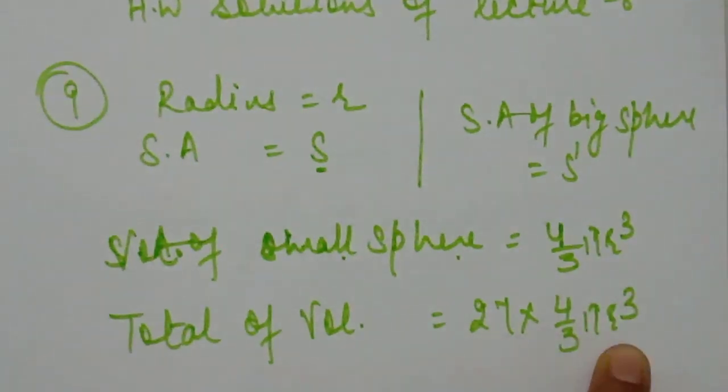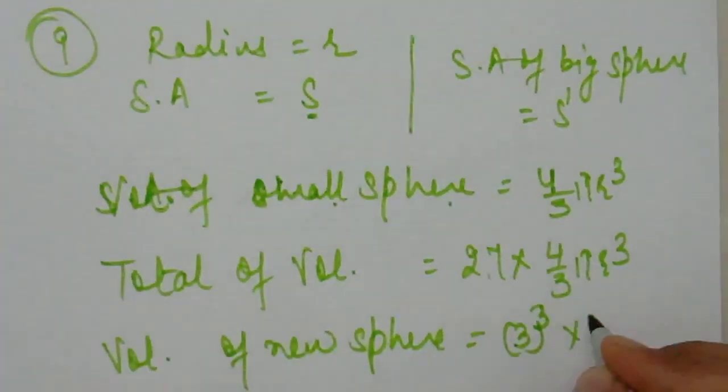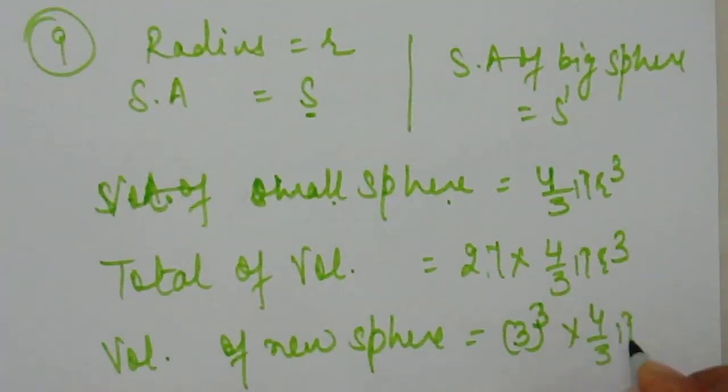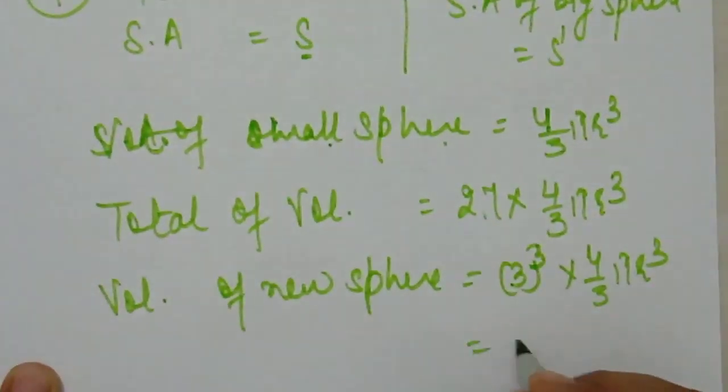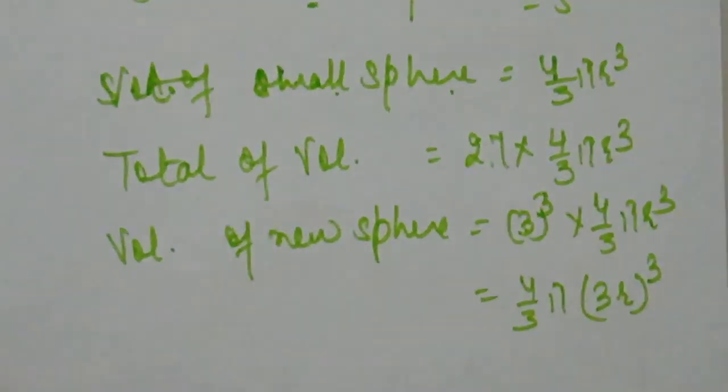Now when we add all 27 spheres' volume, it is the volume of the new sphere, which we can write as 3 cube multiplied by 4/3 pi r cube. When two cubes are present, we can write it as 4/3 pi, with a and b together and their power.